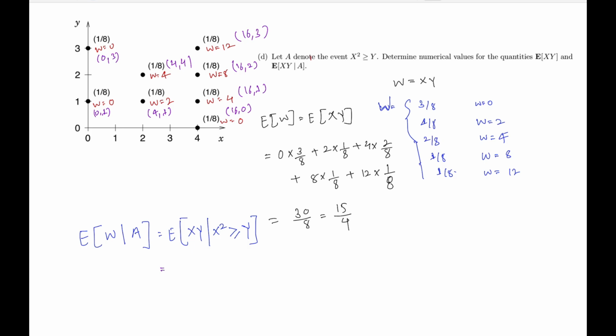Right, so what will be the conditional expectation now? The random variable is the product, and we have already written the values of W. In the conditional universe, all are equally probable, so let me write 1 divided by 6 outside, and the sum of these products in the conditional universe.